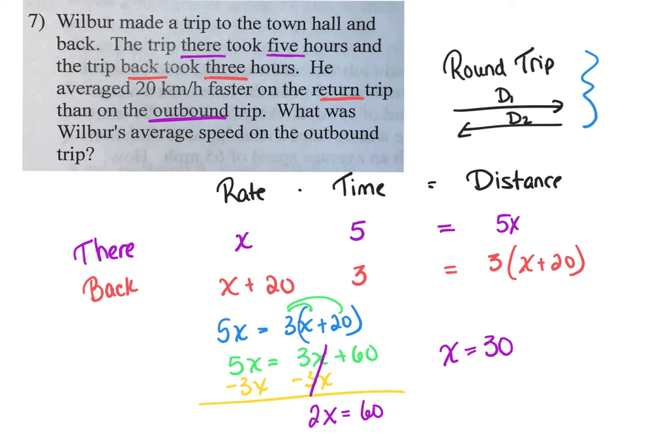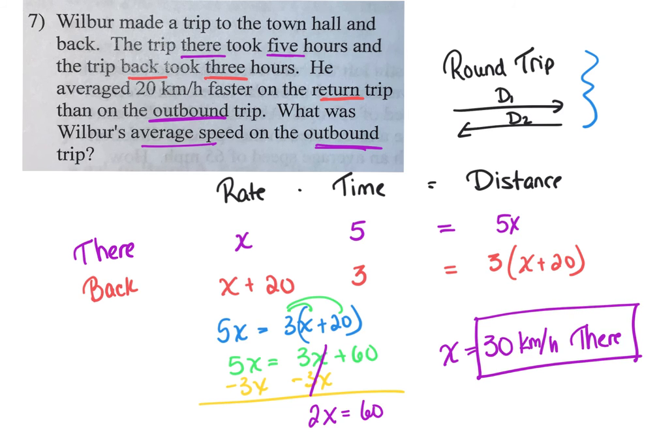Distance, rate, or time here? What was my x? Yep, rate. So this is kilometers per hour on the way there or back? There. All right. His average speed on the outbound trip, outbound is on the way there, right? Outbound versus return. So that is my answer.